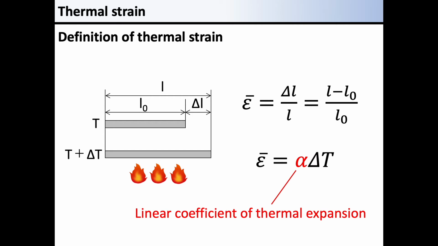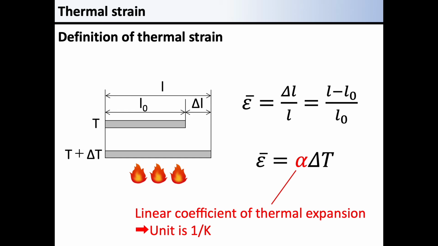In fact, there is another coefficient that is called the coefficient of thermal expansion. That coefficient defines the volume. In the field of mechanical engineering and aerospace engineering, the linear coefficient of thermal expansion is used more often. So, you should first understand distinguishing these two coefficients.